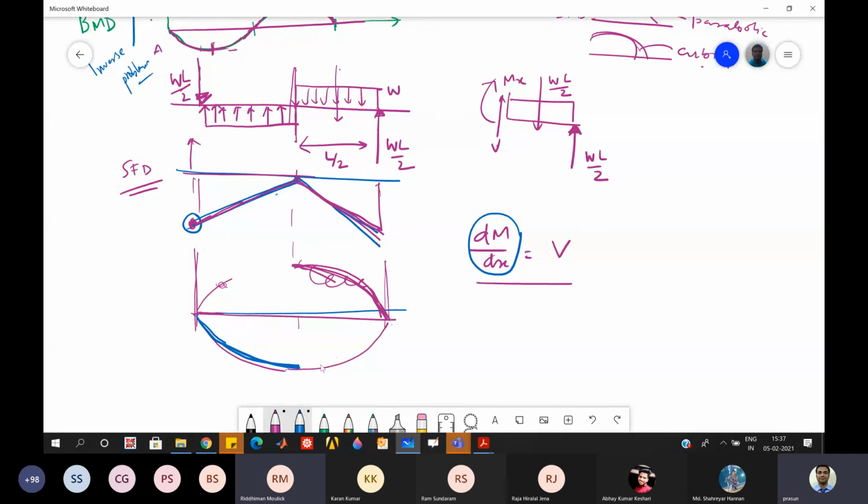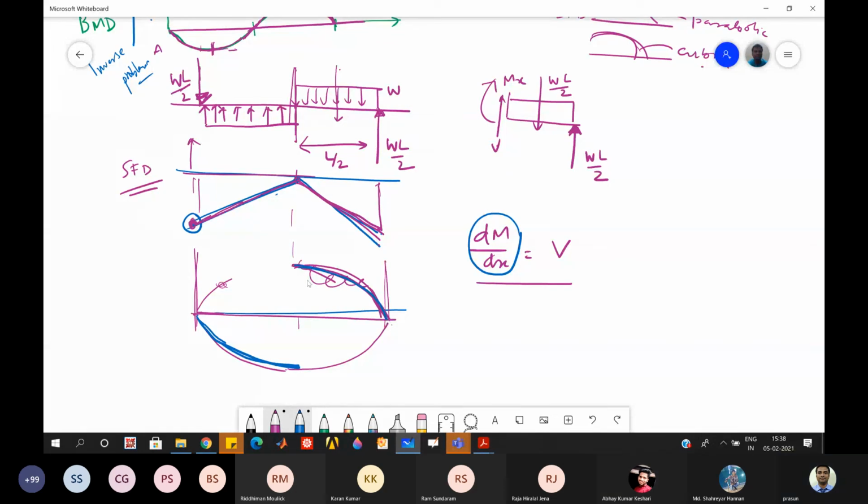So how will it look? There will be a discontinuity at some point. There will be a discontinuity, no? Here it will be the same as this one. So yes, there can be some discontinuity. Maybe it will start here like this, right?